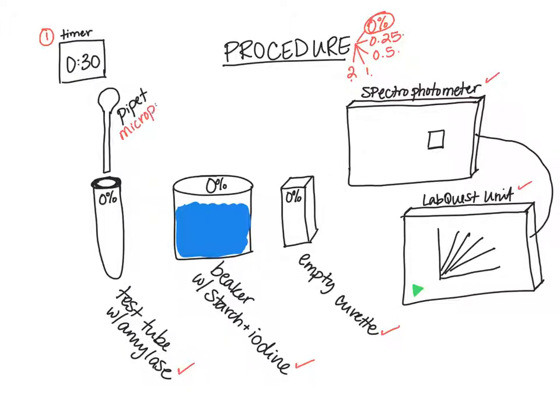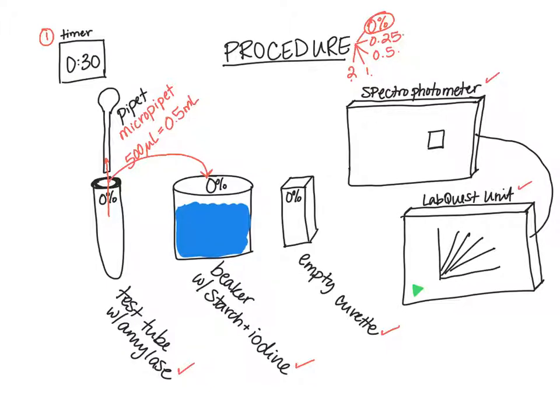It depends on what is available the day of the lab, but you'll be using one of these two tools, and you're going to use that pipette to pick up 500 microliters, which is equal to half a milliliter of the amylase solution. So you use the pipette to pull that in, and then use the pipette to transfer that over into the beaker containing the starch and iodine solution.